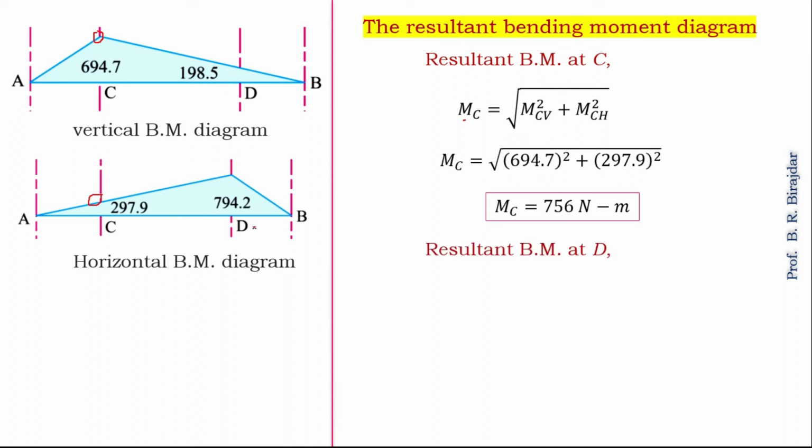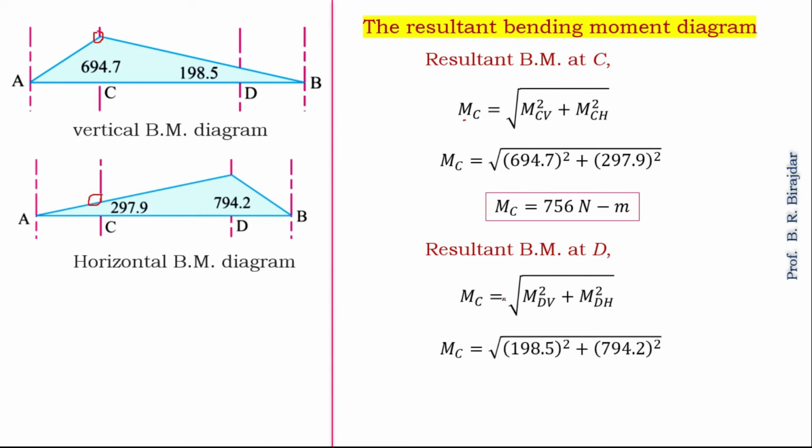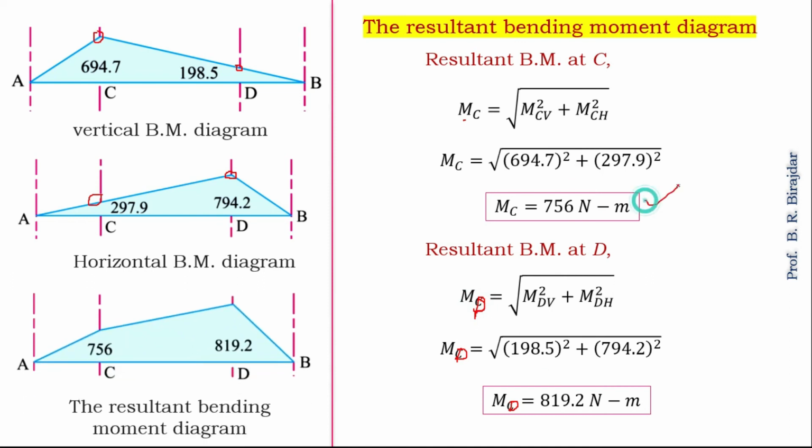Similarly, for the resultant bending moment at point D, the same formula. At point D, it is 198.5 in the vertical load bending moment diagram, and at point D in the horizontal bending moment it is 794. We put these two values in and get the bending moment at point D. Based on these two, that is 756 at point C and 891.2 at point D, this is the final resultant bending moment diagram, right?